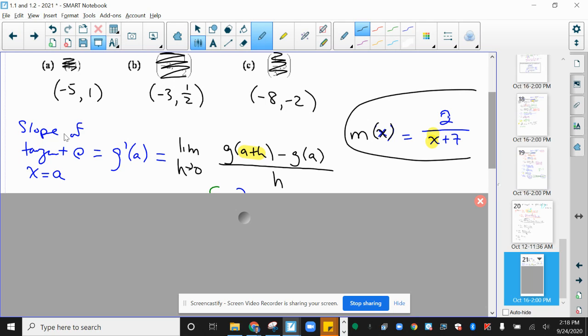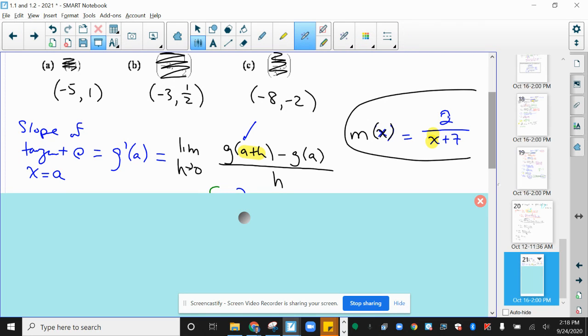Our definition is the slope of the tangent at a, and a general a is this, just grabbing from the last slide. Let's solve this keeping the a's involved. We're not going to put a number in for a, we're going to leave it as just the general a.